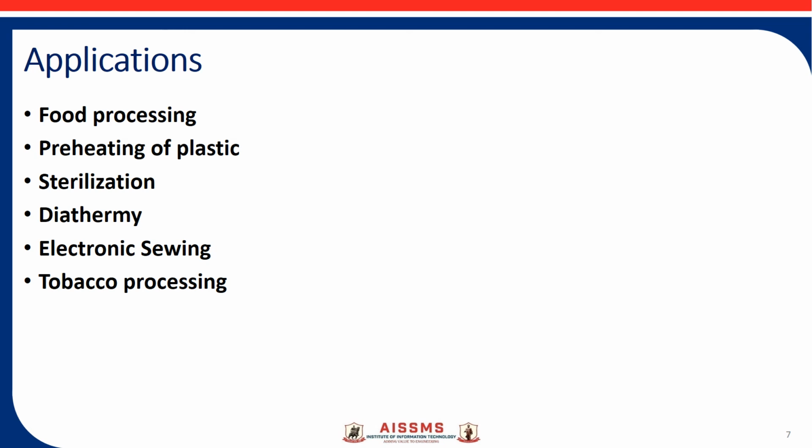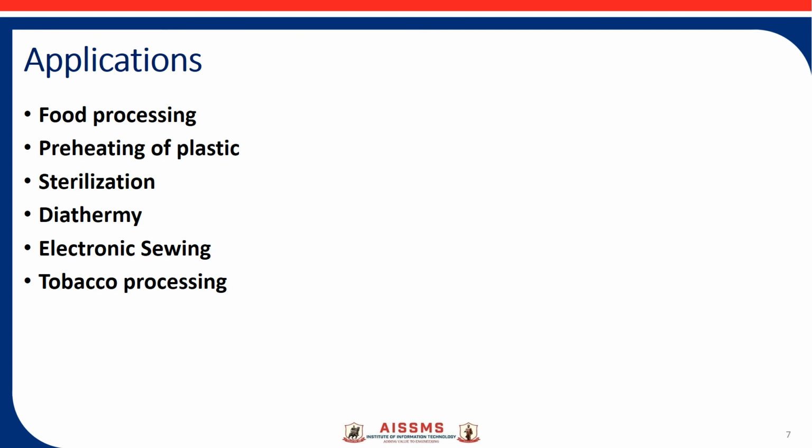Electronic sieving is a process in which plastic sheets or umbrellas, raincoats, medicine containers, the suits which are worn by medical persons, and laboratory equipment handling persons, they are heated with dielectric heating.